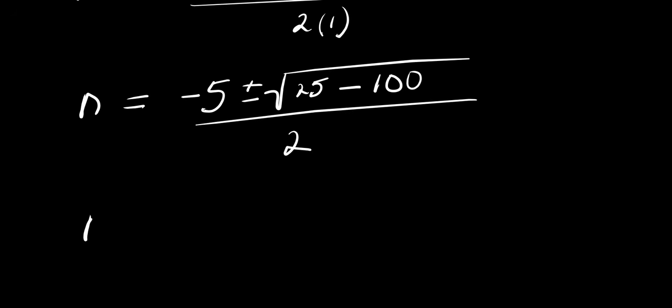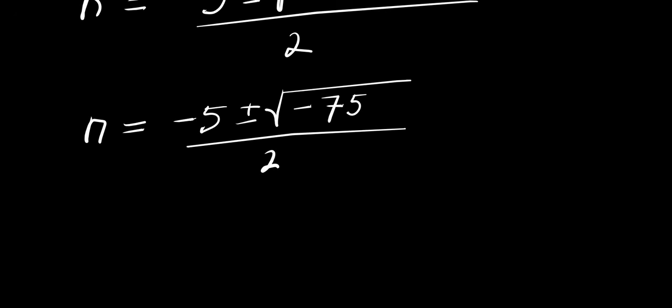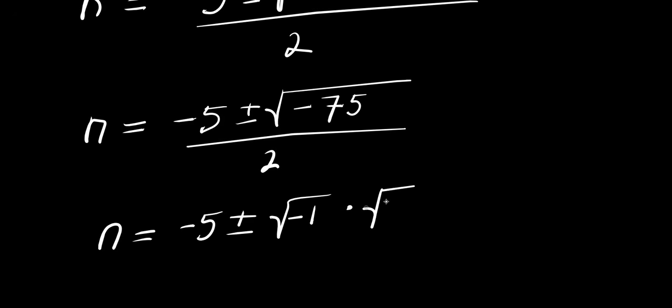So from here, I have n equals negative 5 plus or minus square root of negative 75, divided by 2. So right now, I will have n equals negative 5 plus or minus square root of negative 1 times square root of 75, divided by 2.